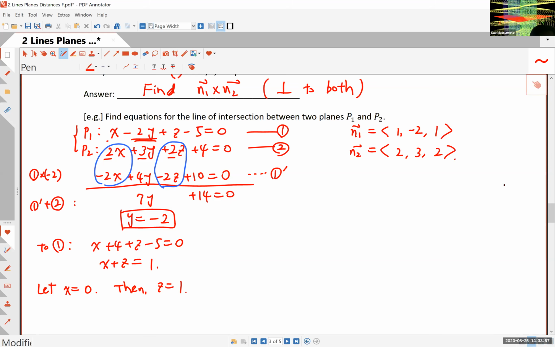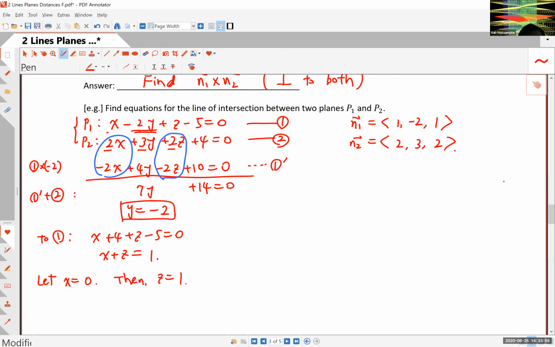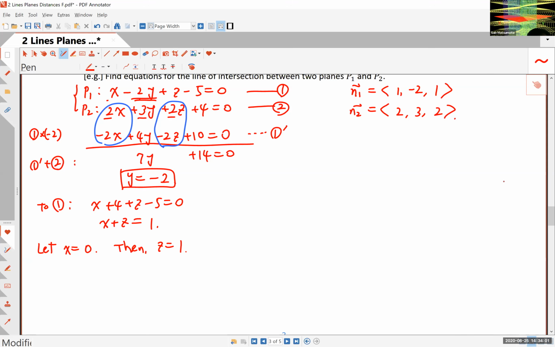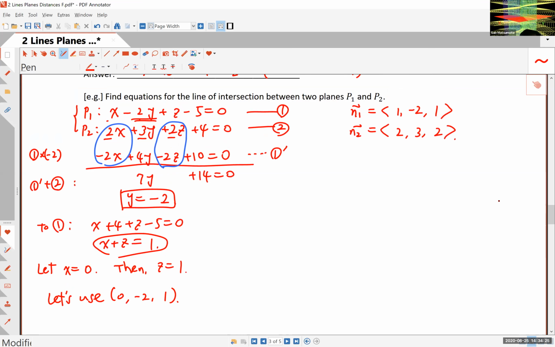If you are sort of weird, you can let x be 0.7 and z be 0.3. I guess that would work. But anyway, if your point satisfies both of these, then that would be okay. So let's use the point 0, -2, 1. Again, you may have used different points. That's fine.